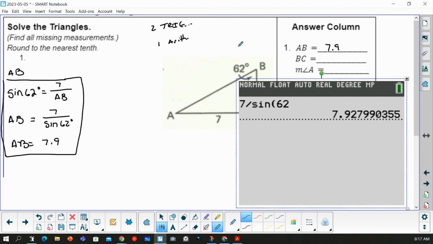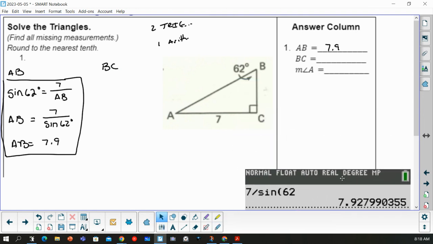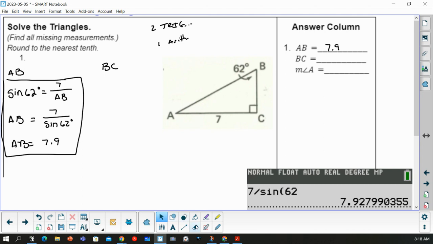The next thing that I need to find is BC. Remember, I'm going to do 2 trig problems. BC is also going to be a trig problem. So BC is this side right here. From the angle that's given, the opposite side is 7, and BC would be the adjacent side.